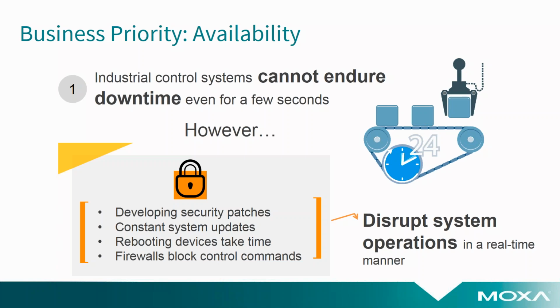Also, with the use of firewalls, on an IT side it might be common to take a suspect file or command and quarantine it for a period of time until they can determine whether or not it's safe. Very little of that happens out on the factory floor because of the fear that you're blocking a critical control or safety command. So they are very protective of anything that might potentially disrupt operations.